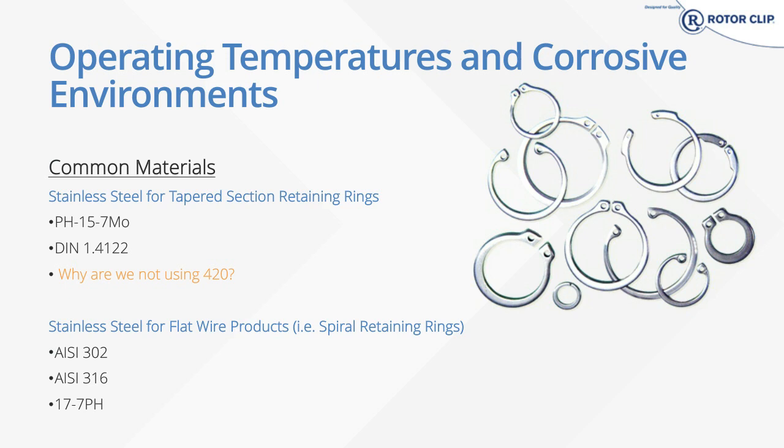On our stainless steel for flat wire products, we have 302 stainless, 316, and 17.7. 302 has a temperature limit of 400 degrees, same with 316, and 17.7 will get you up to 650 degrees.